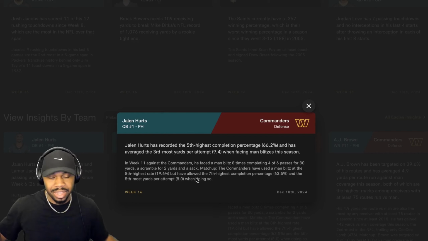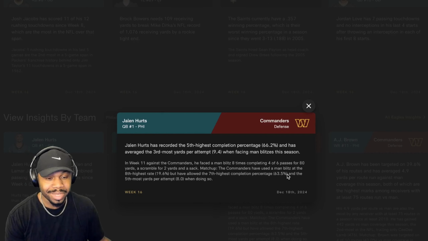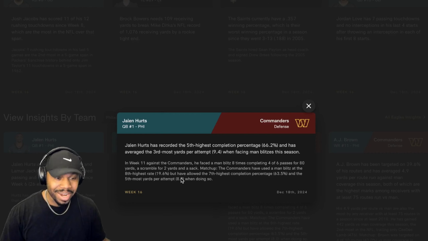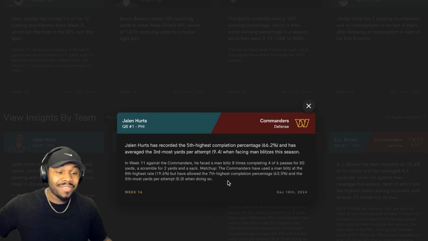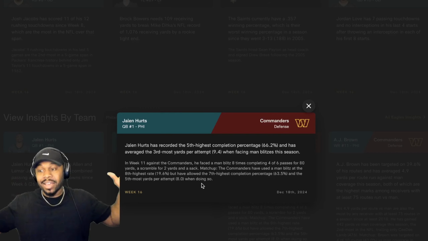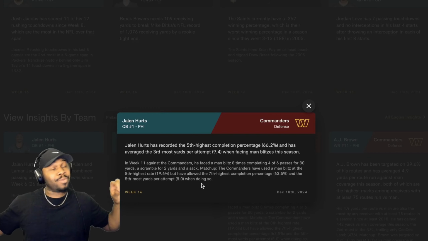All right, so they kind of did a thing. But now for the matchup, the Commanders have used a man blitz at the 8th highest rate at 19.6%. But they have allowed the 7th highest completion percentage at 63.5%, and the 5th most yards per attempt at 8, when doing so. Bruh, I highly doubt that, well, we'll see.